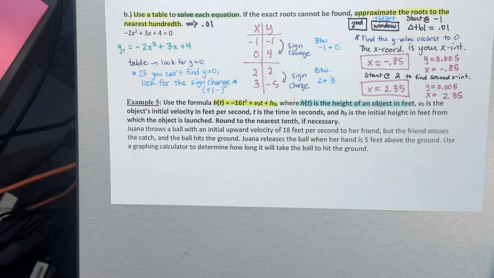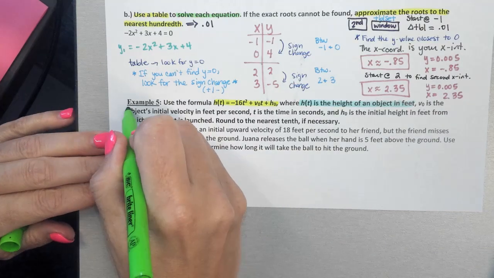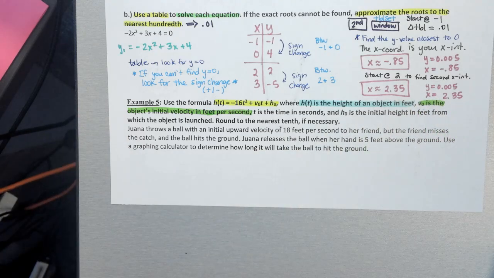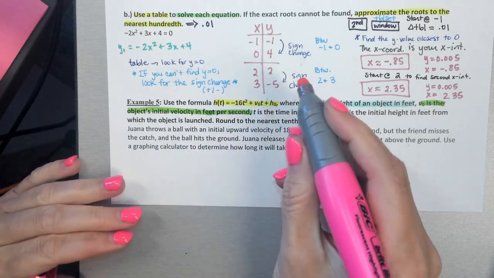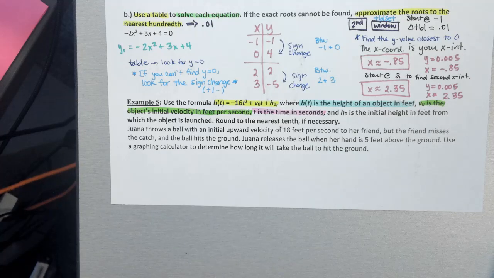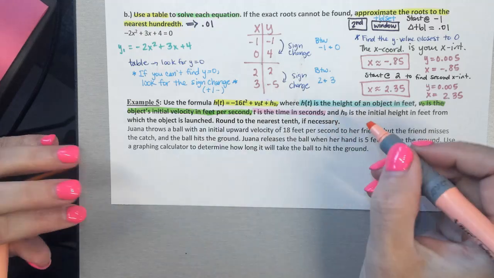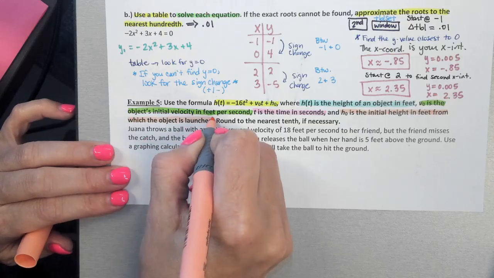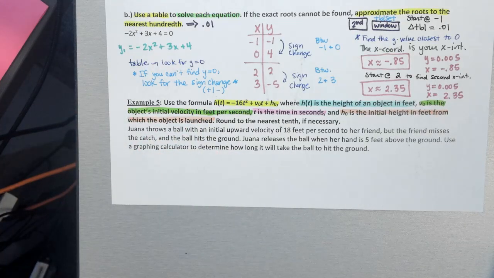V sub 0 is the object's initial velocity in feet per second. The input value t is the time in seconds. And h sub 0 is the initial height in feet from which the object is launched. And we are going to round to the nearest tenth if we need to do some rounding.